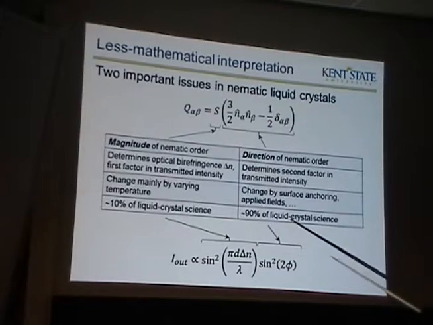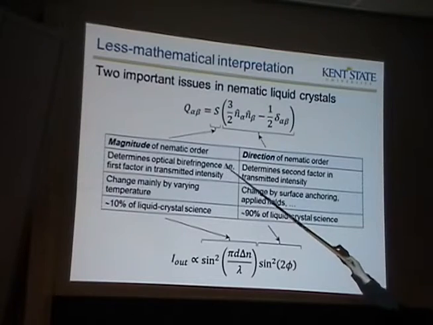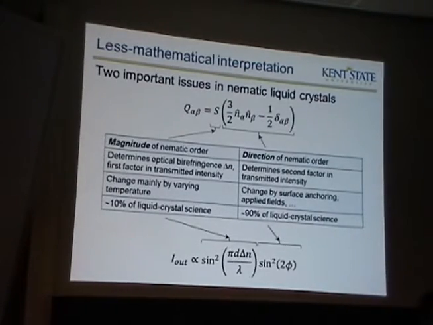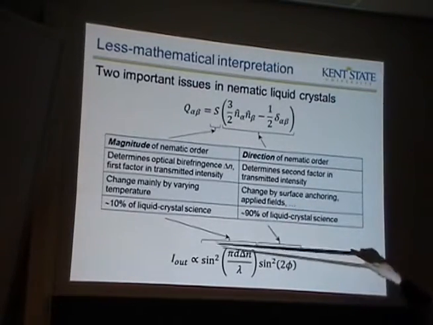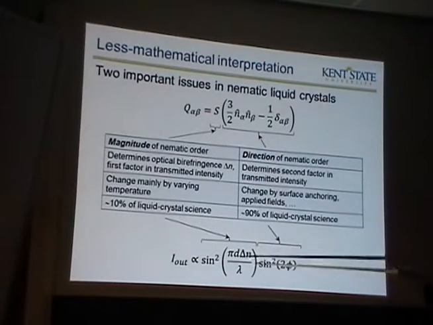This is important in determining the optical birefringence, that is, how different are the two different directions, how different are n_e and n_o, the two indices of refraction. At least in some approximation, the delta n is proportional to the nematic order parameter S.